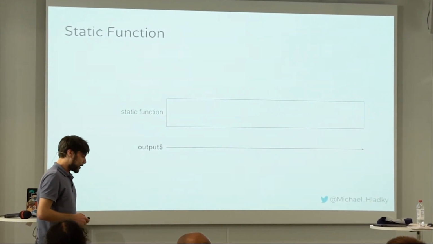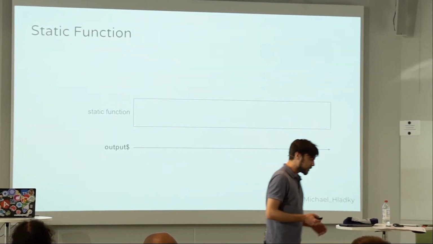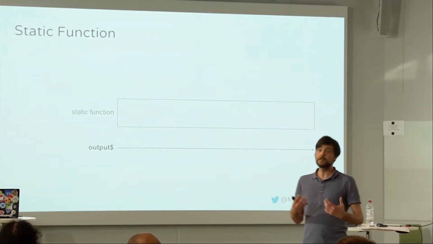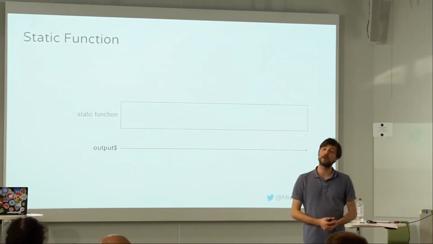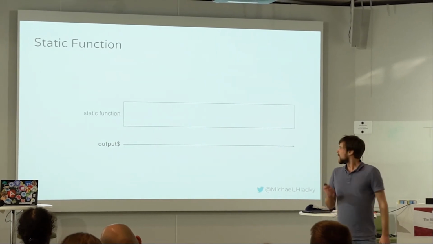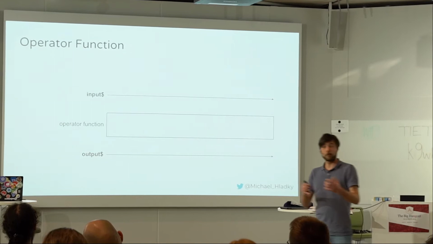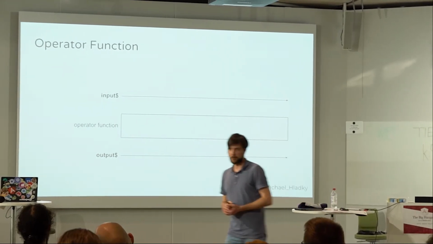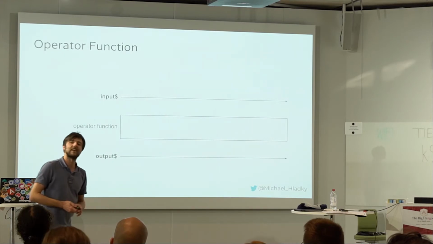Next thing are operator functions. So there are creation functions or static functions. These functions return an observable out of nothing. And then there are operator functions. They always take an observable and return another observable. So this is the other kind of category or terminology that I want to clarify here.